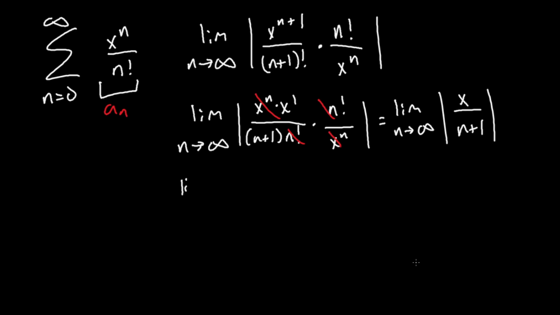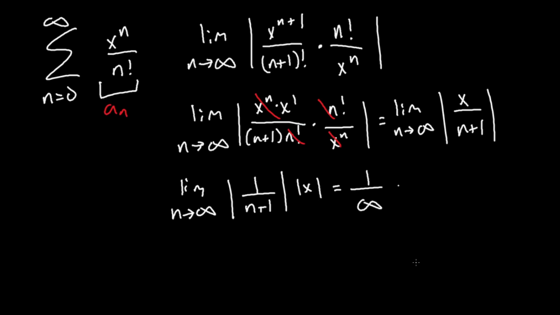If we take the limit as n approaches infinity of 1 over n plus 1 times the absolute value of x, we could just separate the absolute values like this. We get 1 over infinity times the absolute value of x. Well, 1 over infinity is just 0, so your answer for this problem is 0.